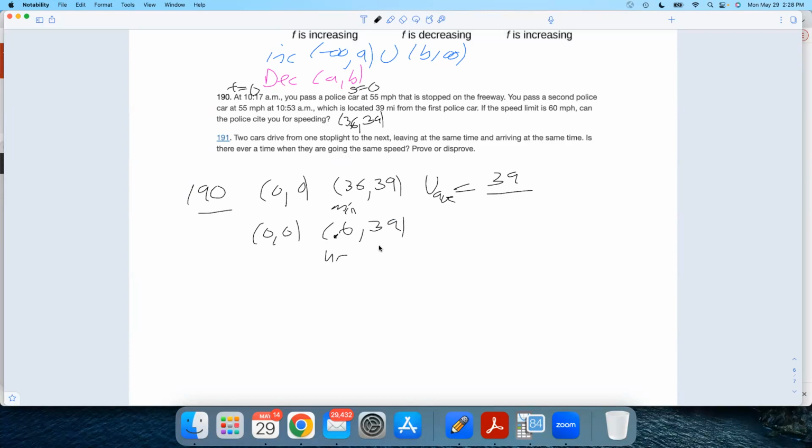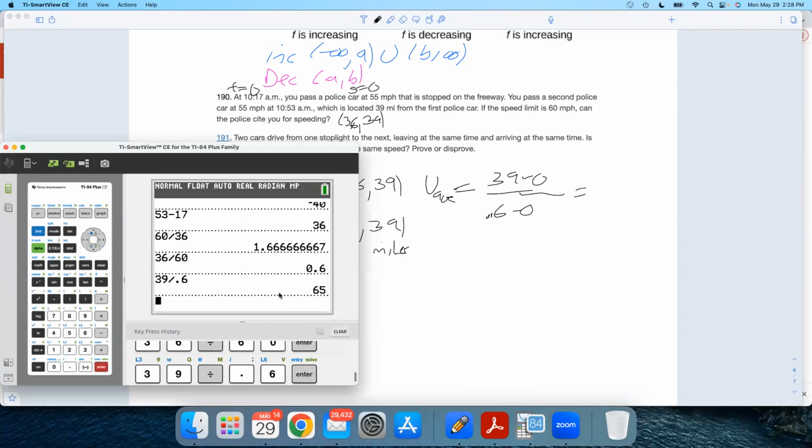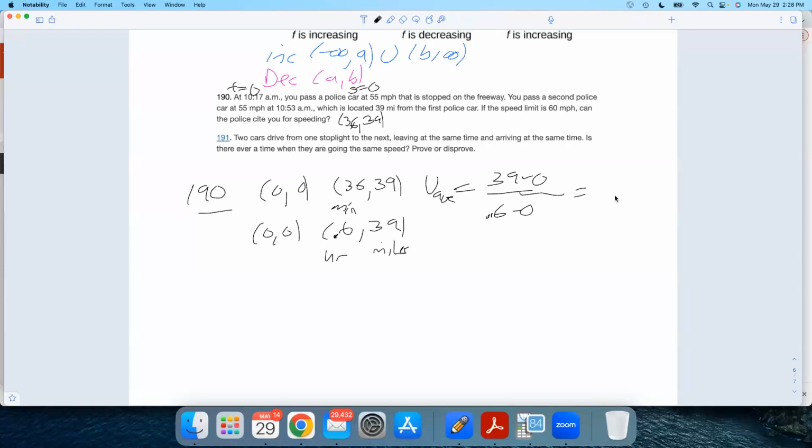So there's hours and there's miles. Then my average rate of change would be my change in position, 39 minus 0, over my change in time, 0.6 minus 0. I did 39 miles in 0.6 hours. 39 divided by 0.6, 65 miles per hour was my average speed, my average rate of change.